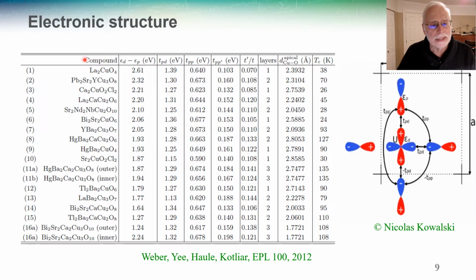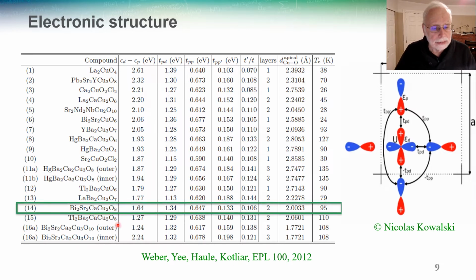This table presents the results of electronic structure calculations for the microscopic parameters entering the three-band Hubbard model for various high-temperature superconductors, along with their optimal transition temperature. Let us take as our reference BISCO 2212.